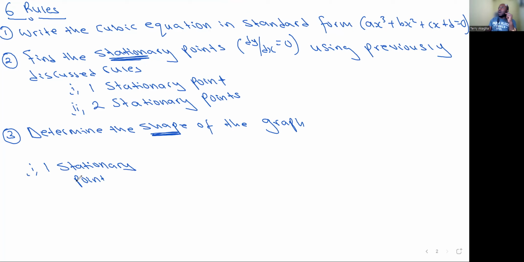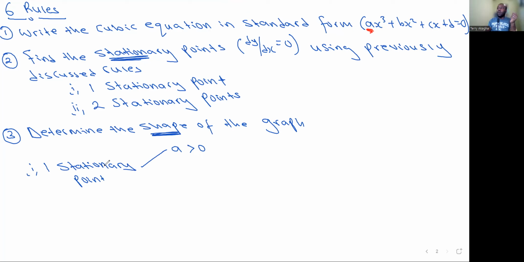what you need to look out for is the value of A, the coefficient of x cubed. You need to go and have a look at it. The A value could be greater than 0, and it's also possible that it could be less than 0.